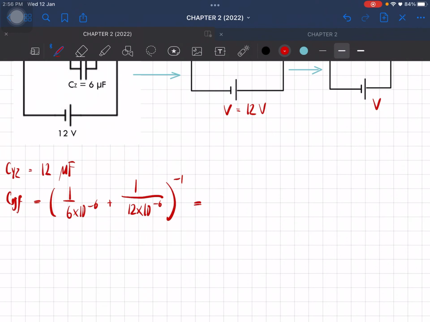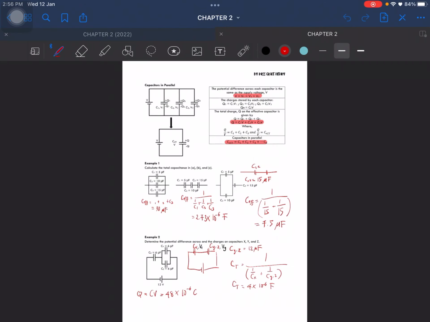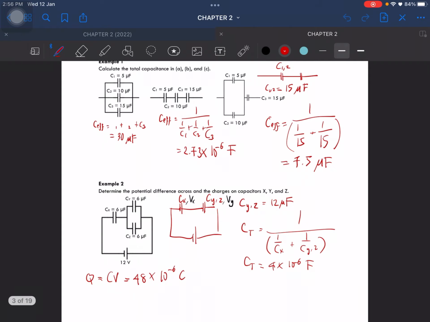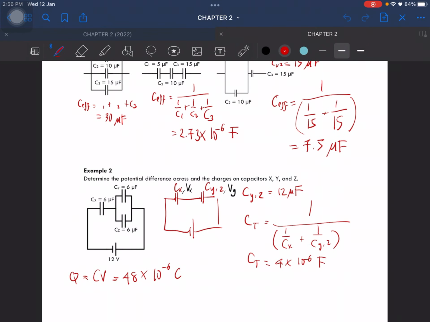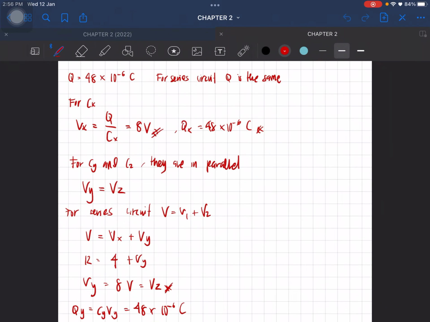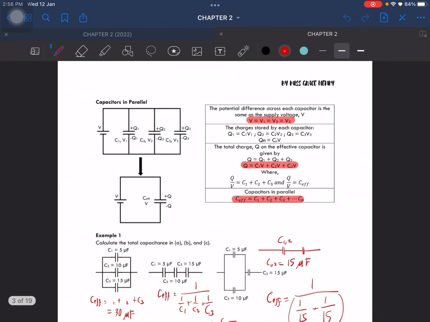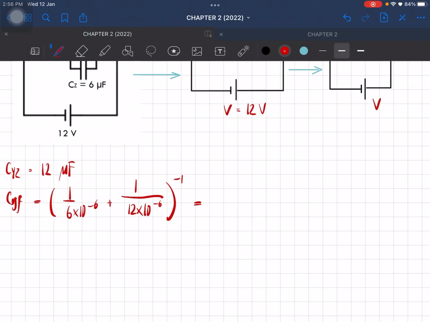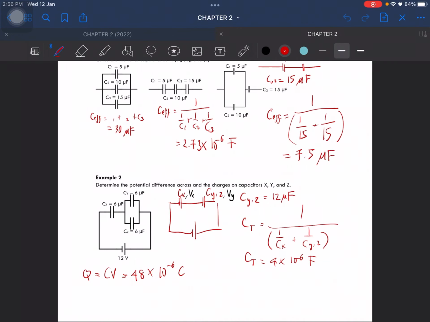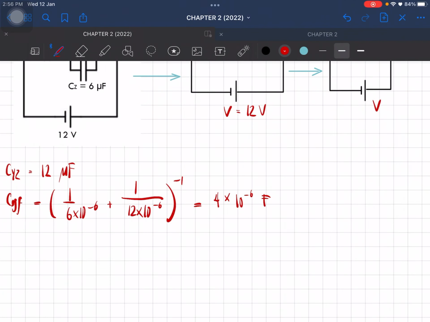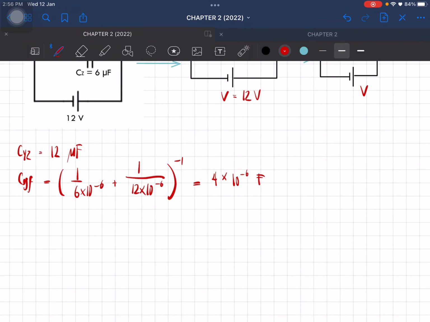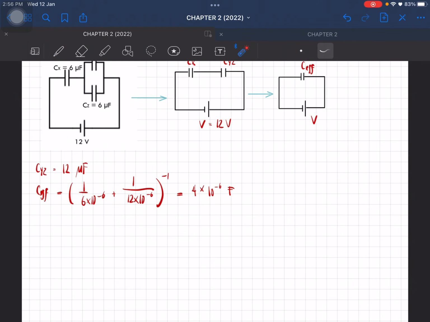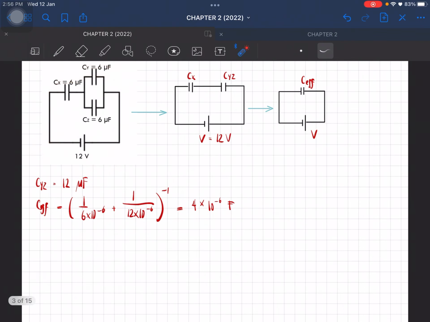You will get 4 times 10 to the negative 6 farad. This one is from my last year's video notes. I'm just redoing it for you guys. Okay, so this is the effective capacitance for the whole circuit.